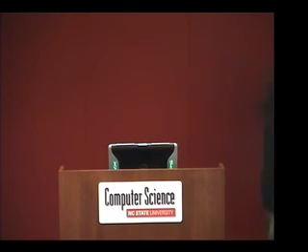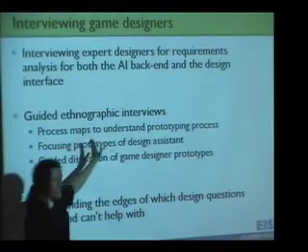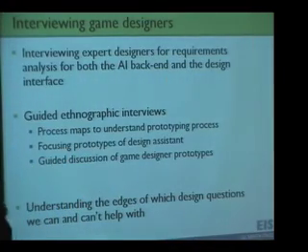You know, we're actually collecting process maps to understand the prototyping process, because the game design process is pretty ill understood right now. I mean, there's lots of game design textbooks that talk about the game design process, but it's a, I'd say, notional view of the game design process, right? It's not a model of what game design is like based on actual ethnographic studies of game designers in the wild.